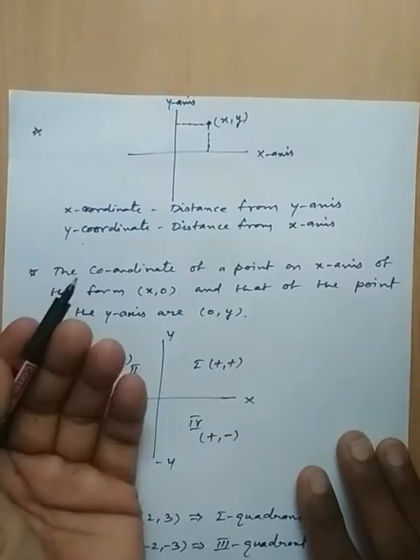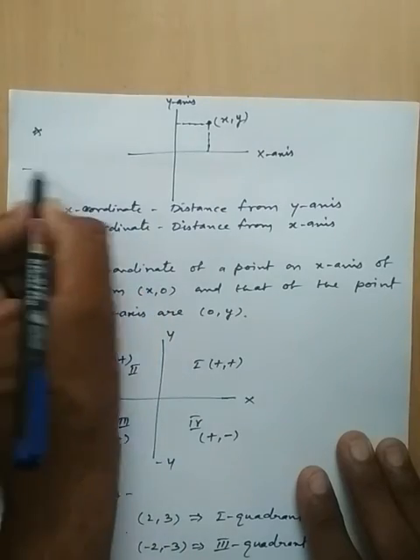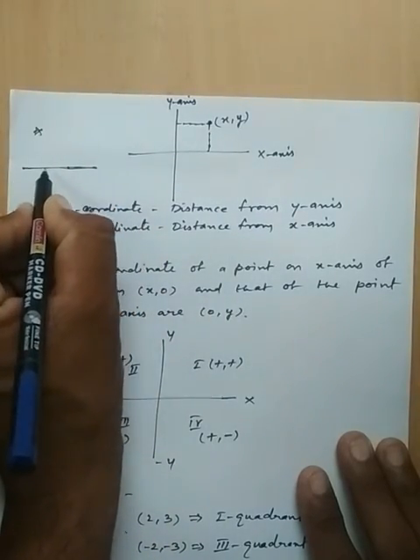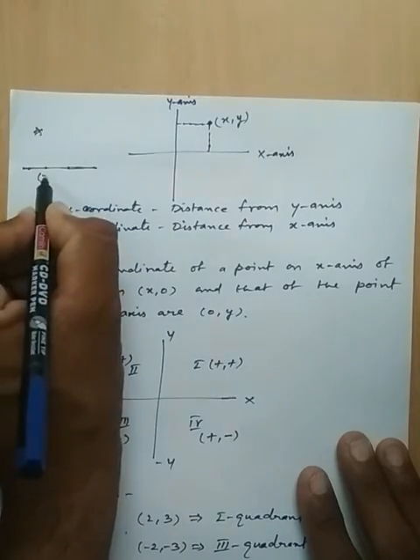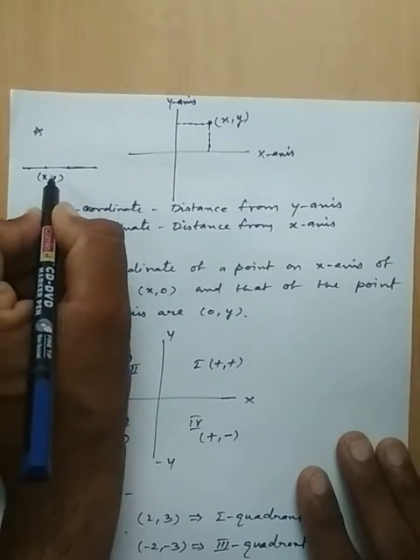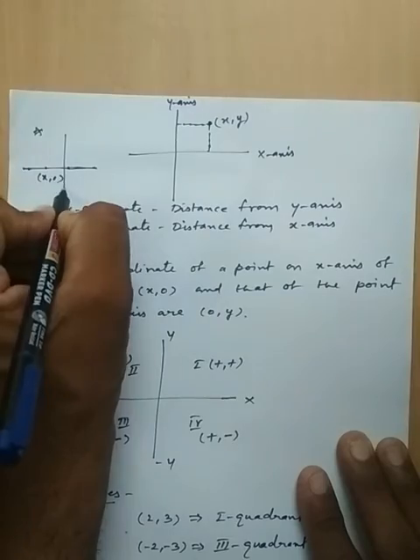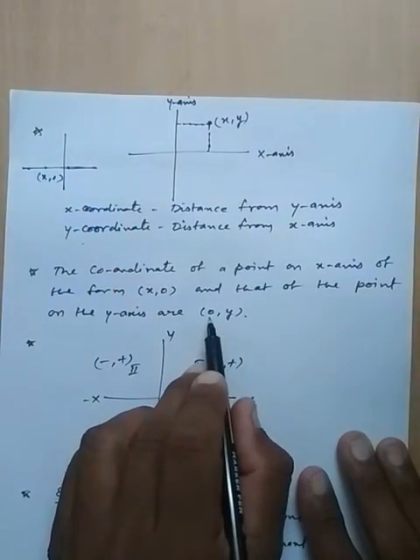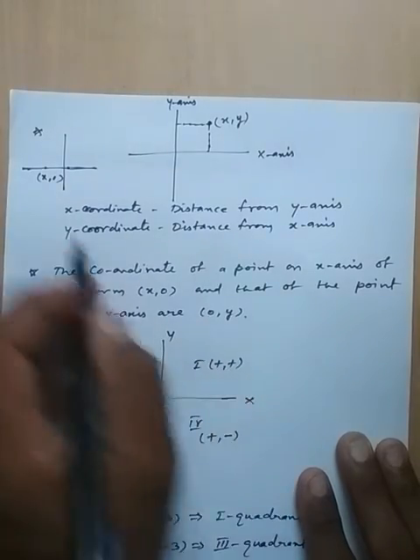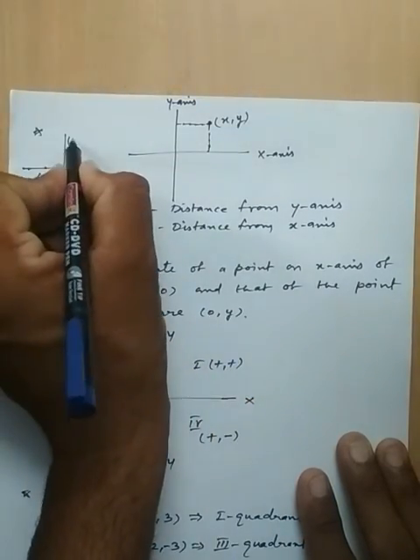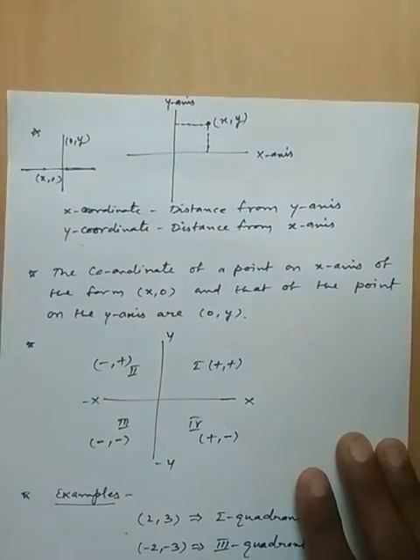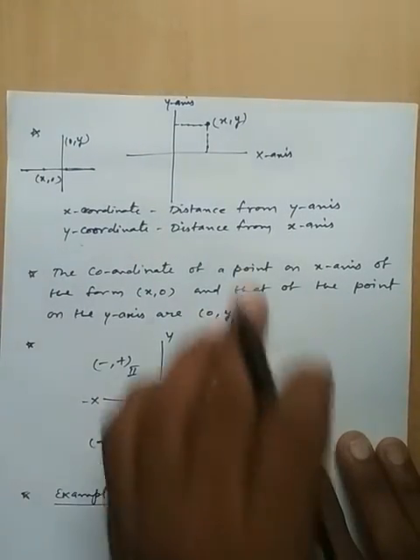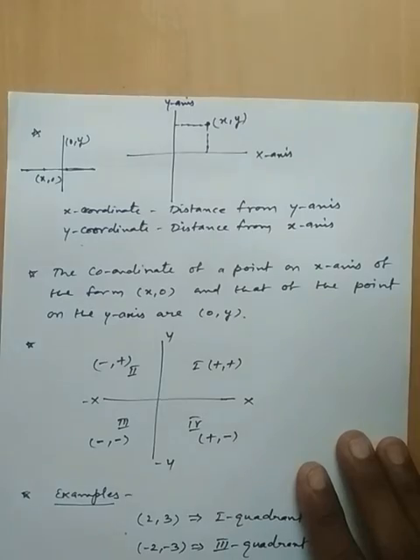So the coordinate of any point on the x-axis is of the form (x, 0), because the y coordinate is 0, and on the y-axis the coordinate is of the form (0, y), because the x coordinate is 0. This is the coordinate of any point on the x-axis and y-axis.